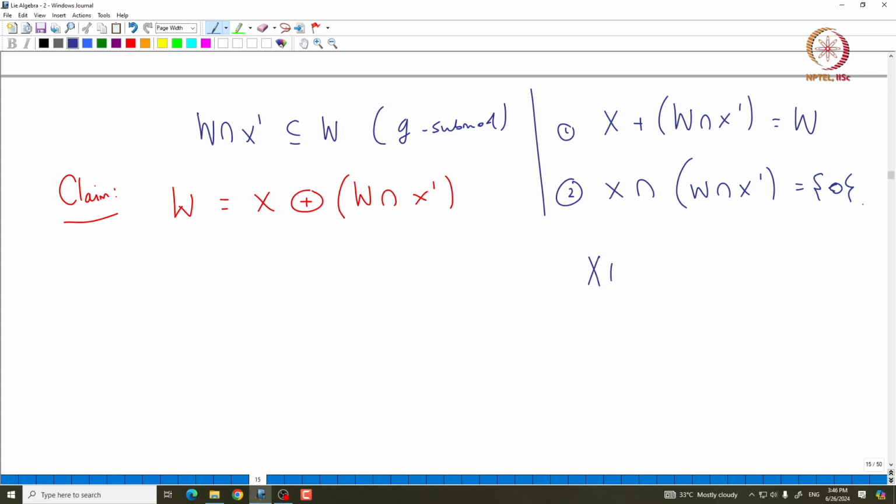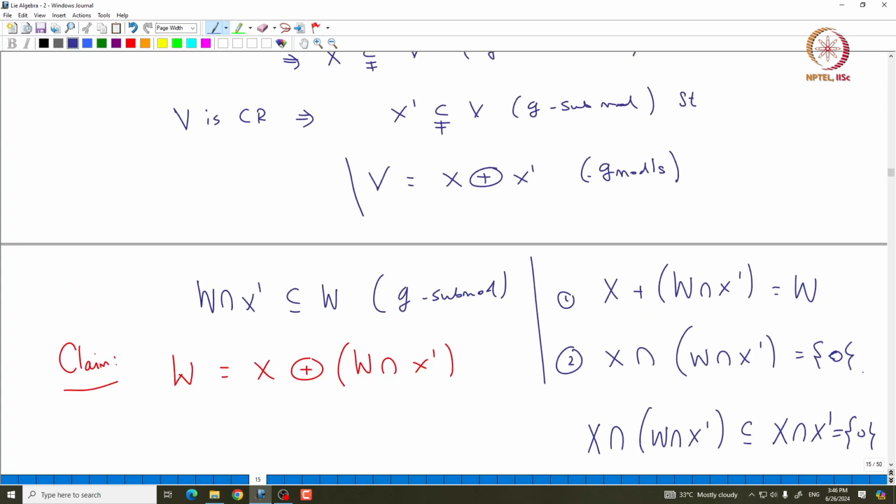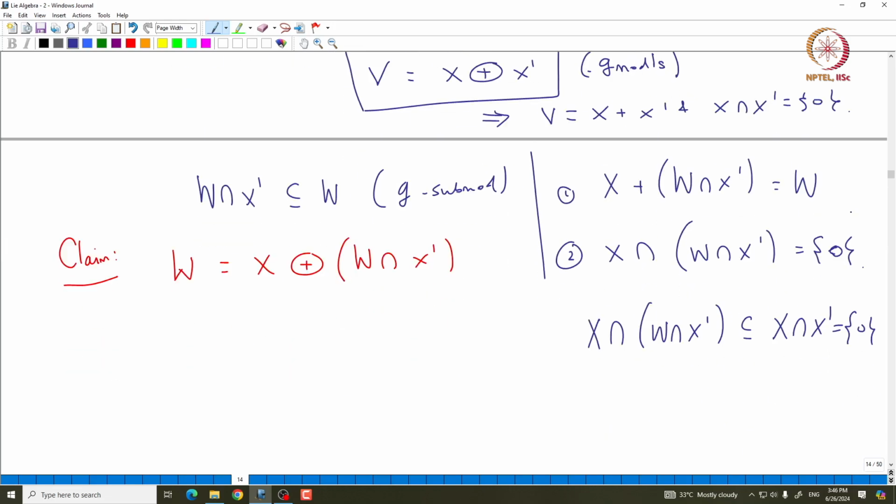X intersection W intersection X dash is a subspace of X intersection X dash, which is trivial because X and X dash are complements of each other. Since V equals X plus X dash and X intersection X dash is trivial, the second condition is true.